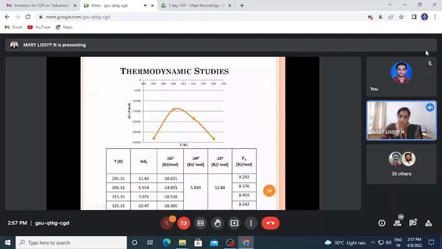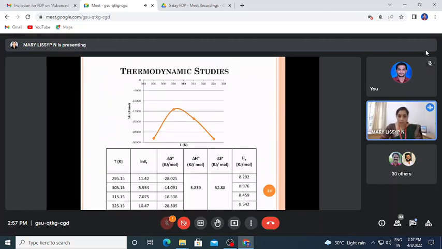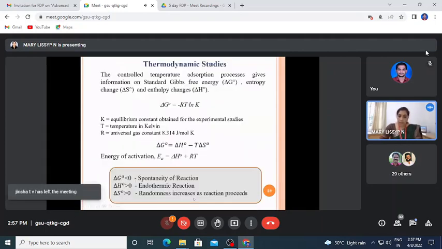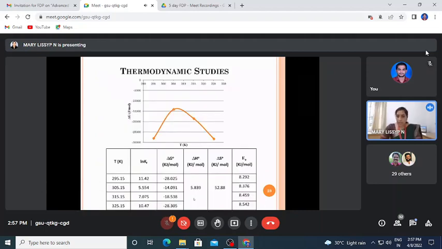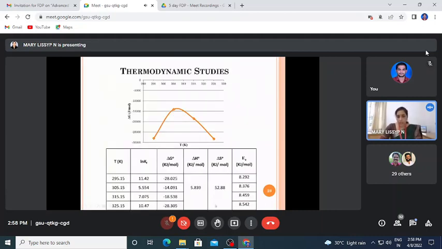Here, all the delta G degree values are negative. So what is the indication? A spontaneous reaction has taken place. And delta H degree is a positive value, so what does it indicate? An endothermic reaction has taken place. Delta S is also a positive value, so randomness increases as the reaction proceeds.